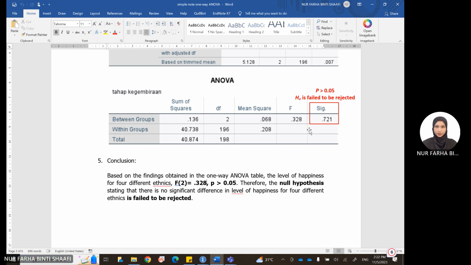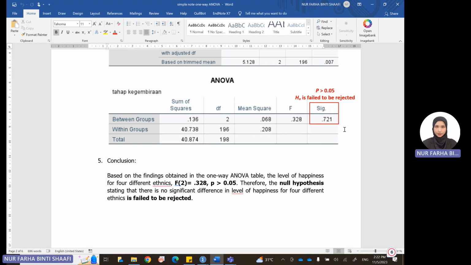Do you understand? Okay. So this is the condition where your significant value for Anova is more than 0.05. What happens if your P value or significant value here is less than 0.05? What would happen?